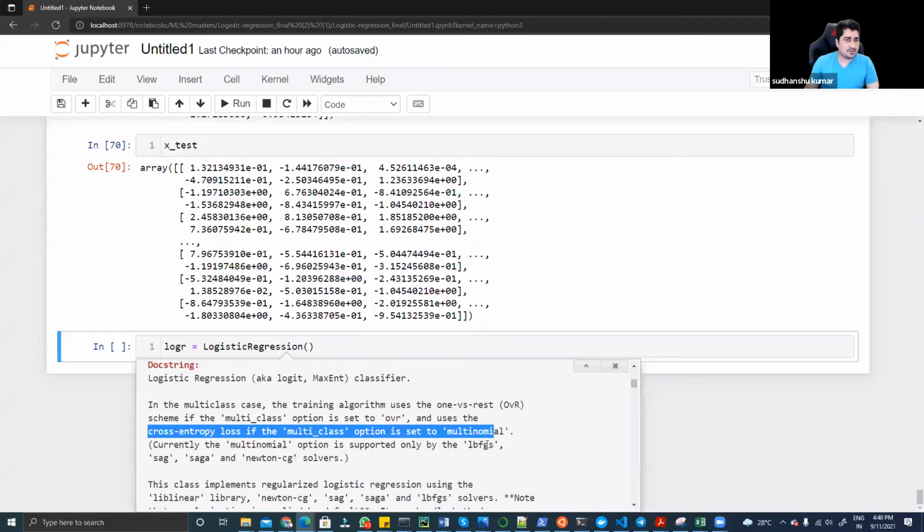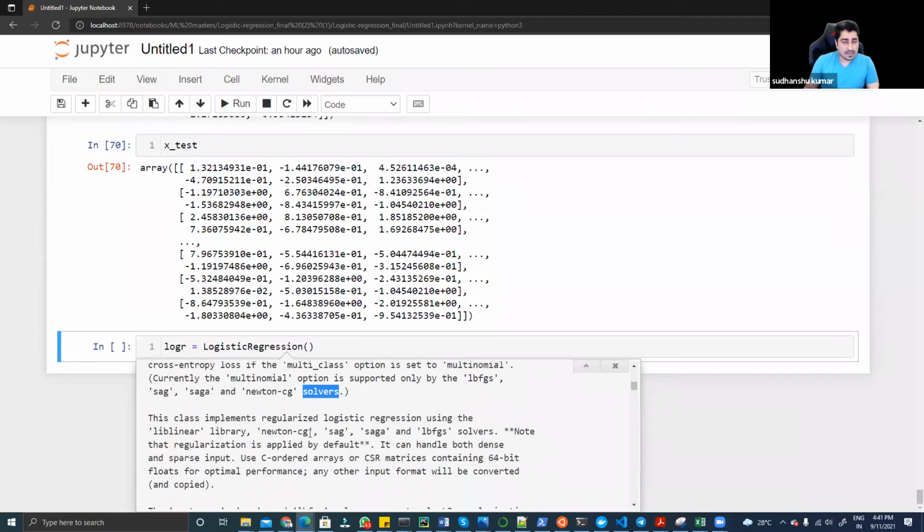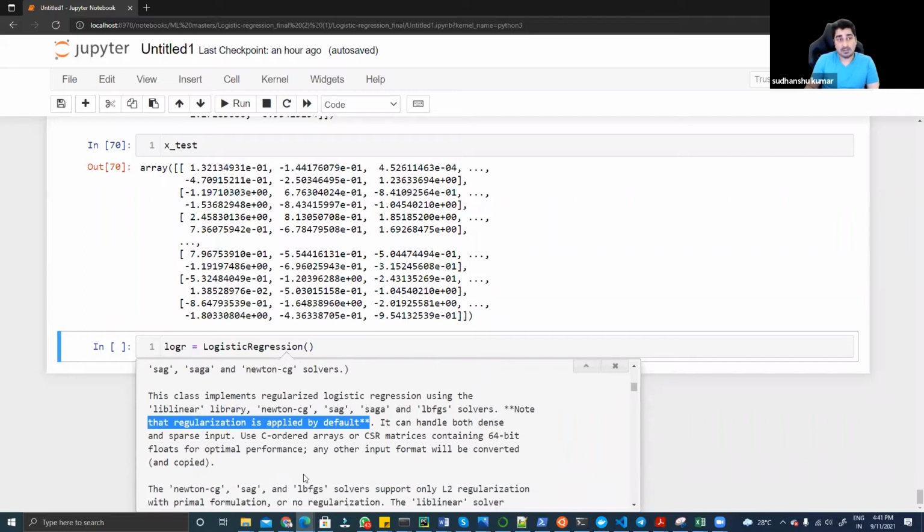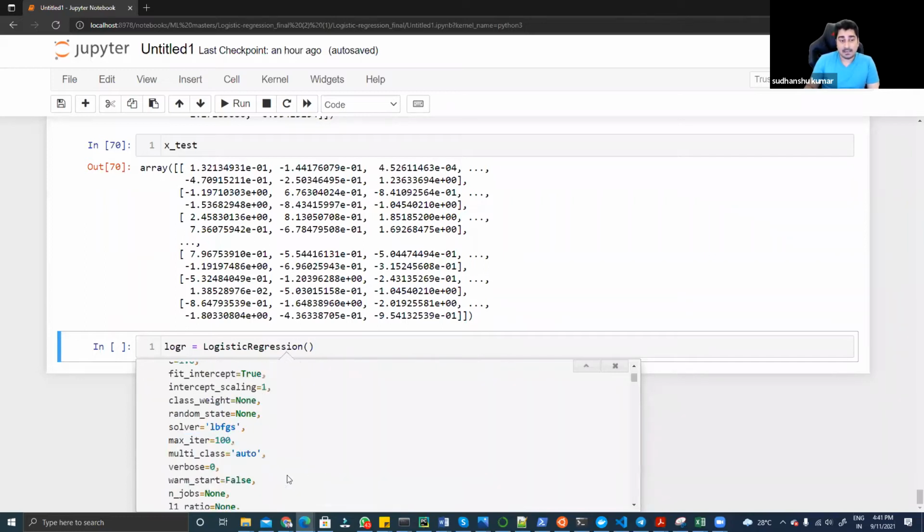So this is the solver. The logistic regression solvers that we can use are this one, and Saga and Newton-CG. The class implements regularized logistic regression using liblinear, Newton-CG, SAG, Saga and LBFGS. LBFGS is the solver that we are using. Regularization is applied by default, so you are not supposed to worry about regularization at all when talking about logistic regression, because it is applicable by default.